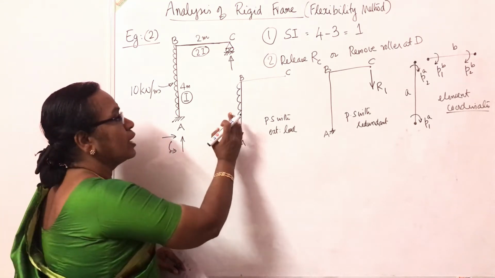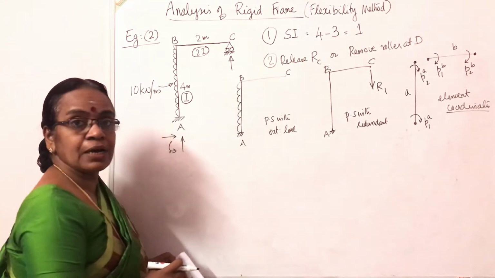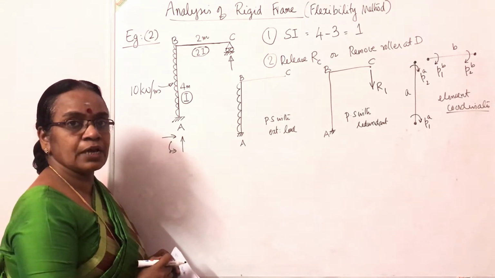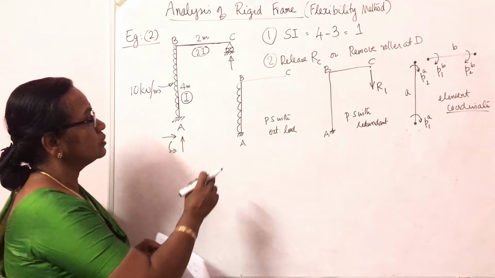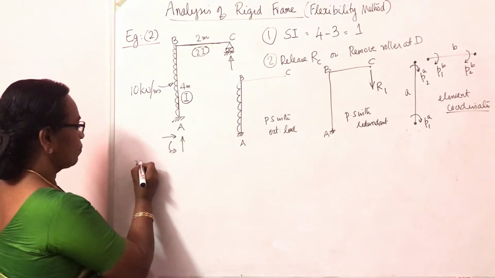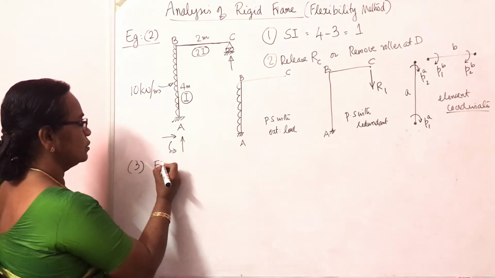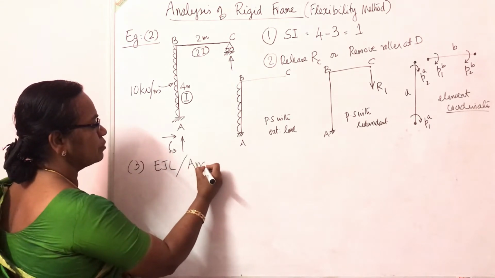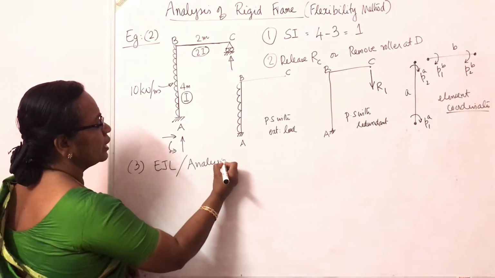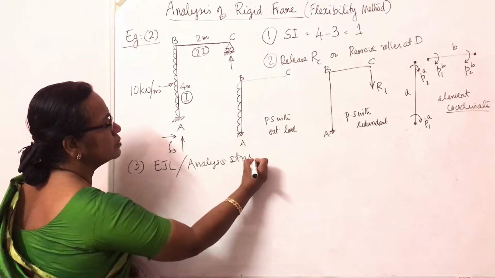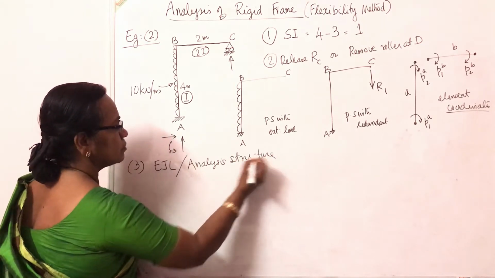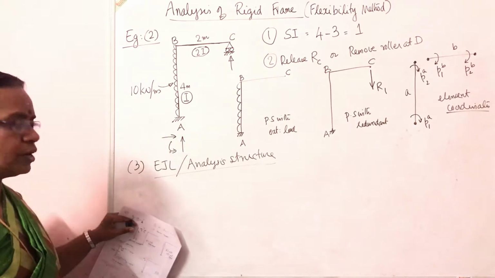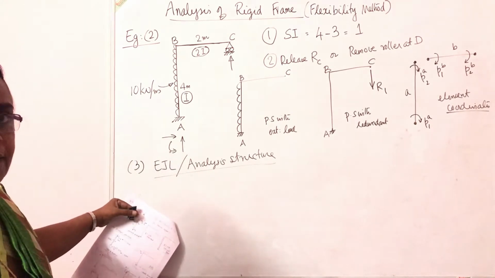This has to be transformed to the equivalent joint loads acting in the nodes A and B. So the third step is equivalent joint load: obtain the equivalent joint load, and from that you obtain the analysis structure.